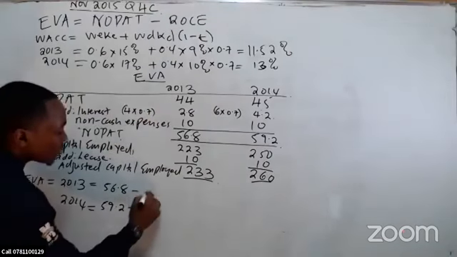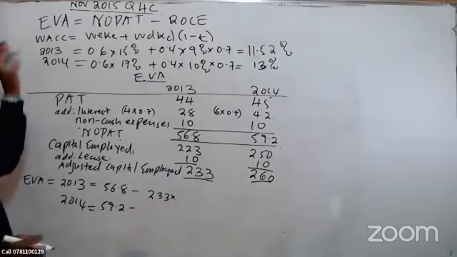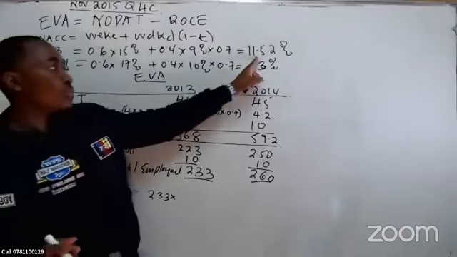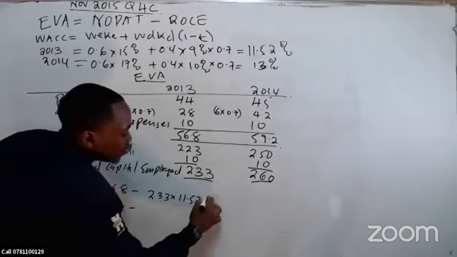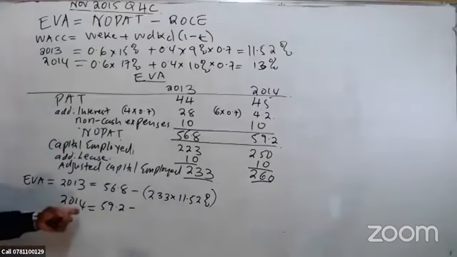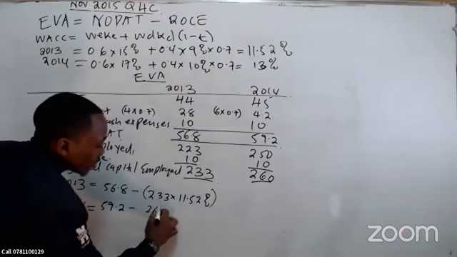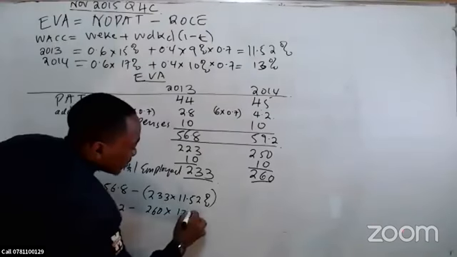For 2013 it is 233 times the cost of capital, that's the WACC. For 2013, the cost of capital was 11.52%. For 2014, the capital employed was 260, and the cost of capital in this case was 13%.